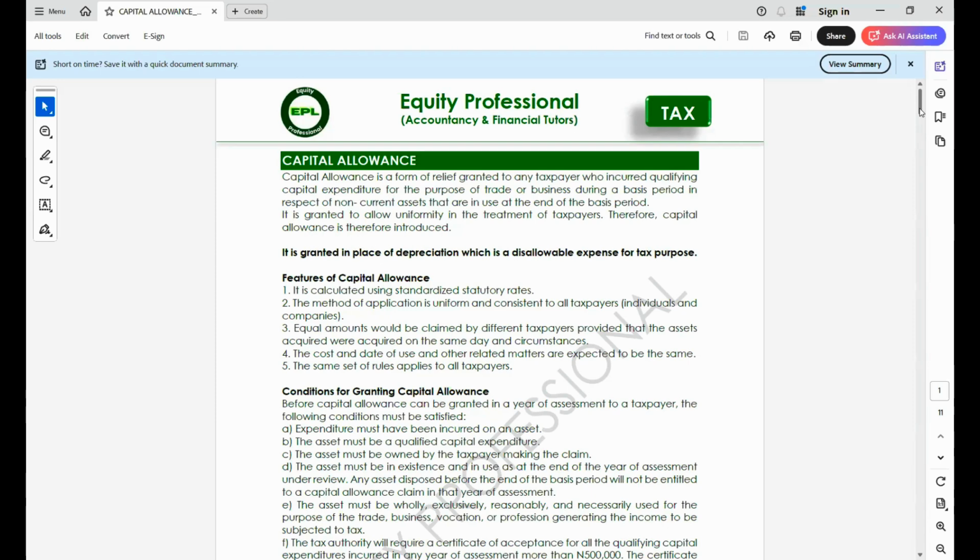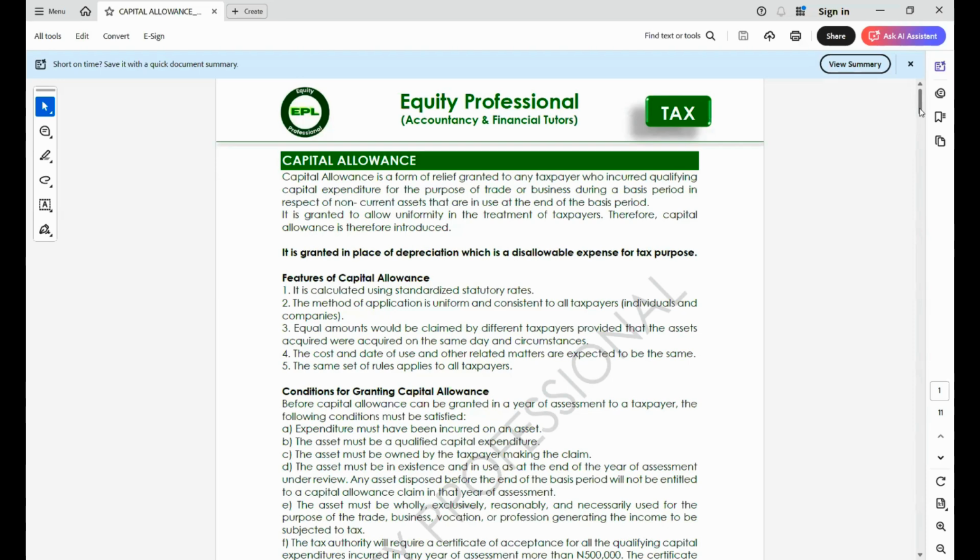So what do we mean by capital allowance? Capital allowances are relief granted to any taxpayer who incurs qualifying capital expenditure for the purpose of trade or business during a basis period, in respect of non-current assets that are in usage at the end of the basis period.